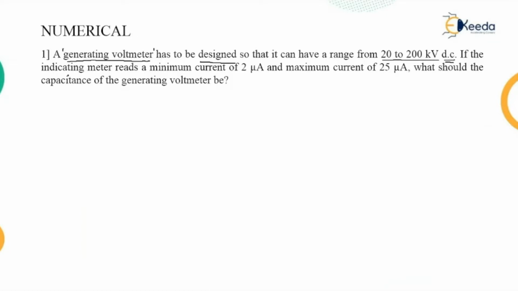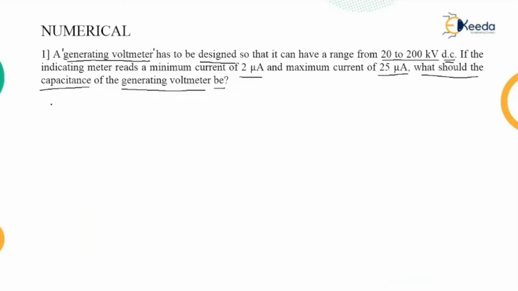If the indicating meter reads the minimum current of 2 microampere and maximum current of 25 microampere, what should be the capacitance of the generating voltmeter? So we have to find out the value.